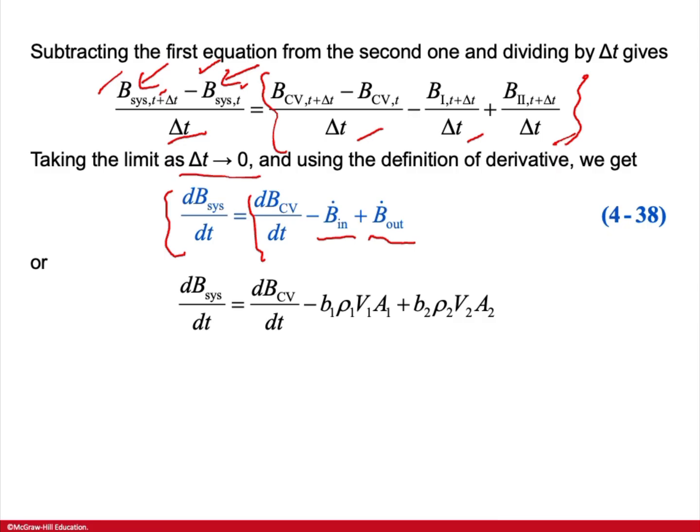If you want to go ahead and write B, instead of an extensive property, as the equivalent intensive property, we will remember small b is nothing but capital B by M. In other words, capital B is equal to small b times M, and M is nothing but mass, so it's density times volume.